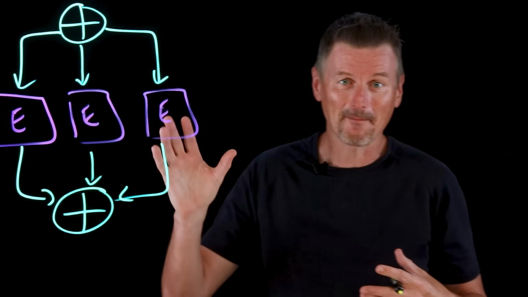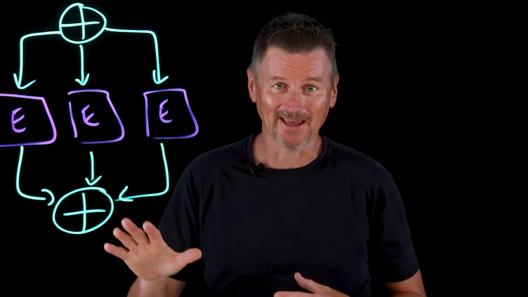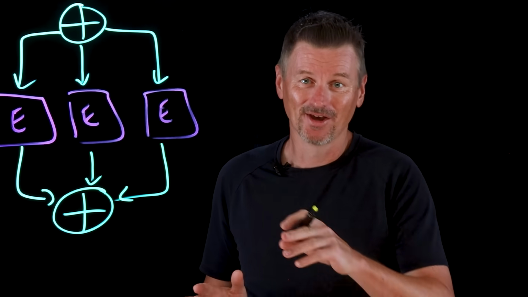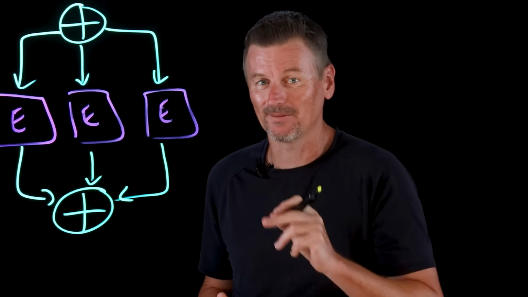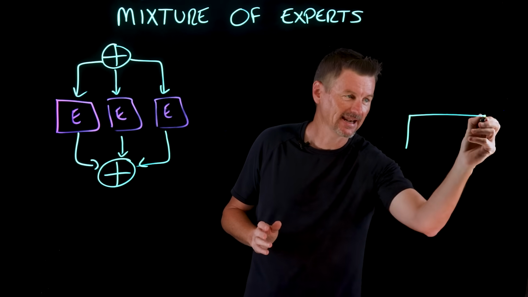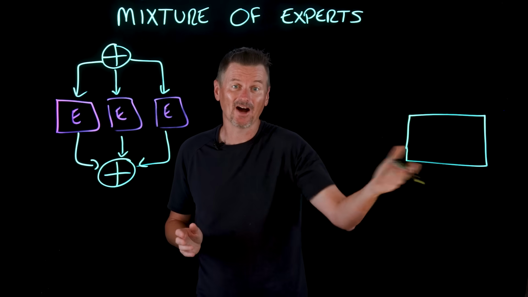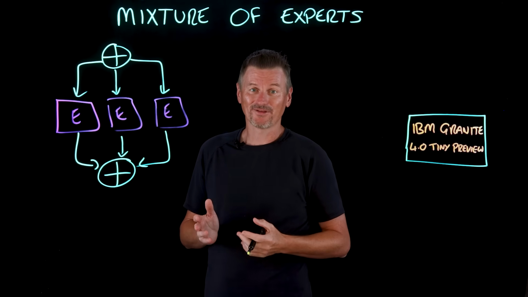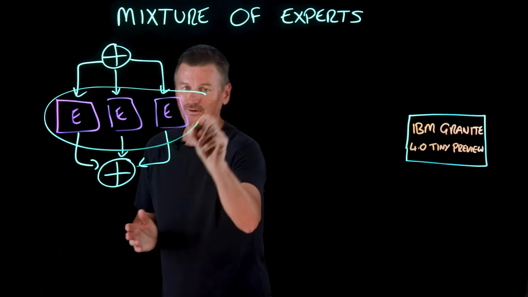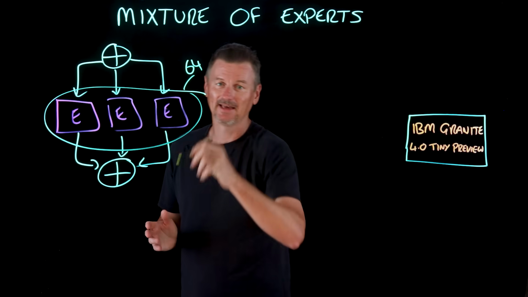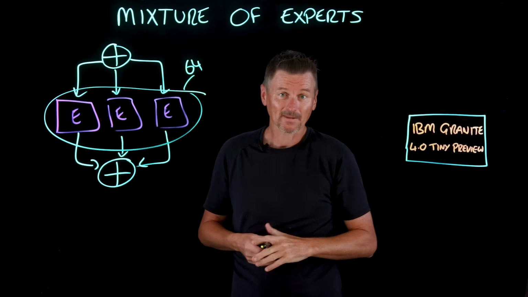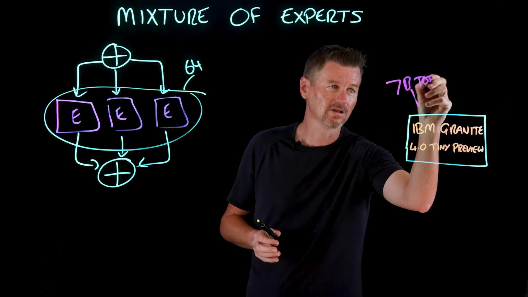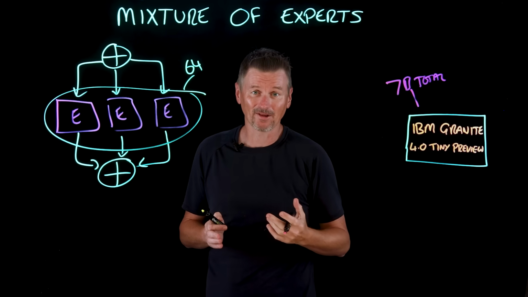And one of the big advantages of MOE is sparsity, because only the active expert parameters contribute to that input's computation. So if we take an LLM example, let's say the IBM Granite 4.0 Tiny Preview model, well, that uses 64 different experts in its architecture, and it has around 7 billion total parameters in the model.